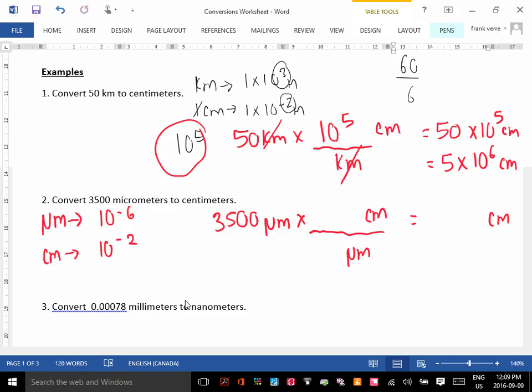Or how many times bigger is a centimeter relative to a micrometer? Centimeters are bigger, right? So 10 to the negative 2 divided by 10 to the negative 6 will be the same as negative 2 minus negative 6, which is negative 2 plus 6, which is 10 to the 4.